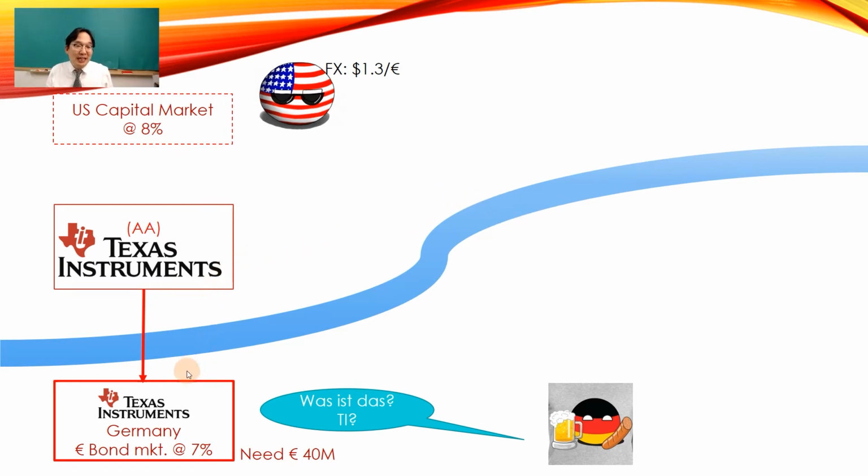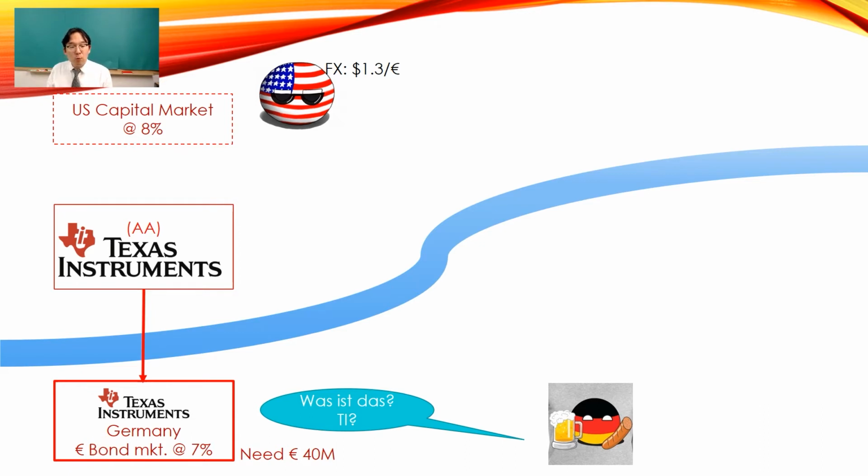So across the Atlantic, right, there is a mother company and son company or daughter company, Texas Instrument, and then if they try to borrow in the U.S. capital market, 8% rate, in US dollar, and US FX spot rate is $1.3 per euro right now. And if the German subsidiary, the son or daughter company, can independently borrow in euro bond market at 7% rate because they need 40 million euros, right?